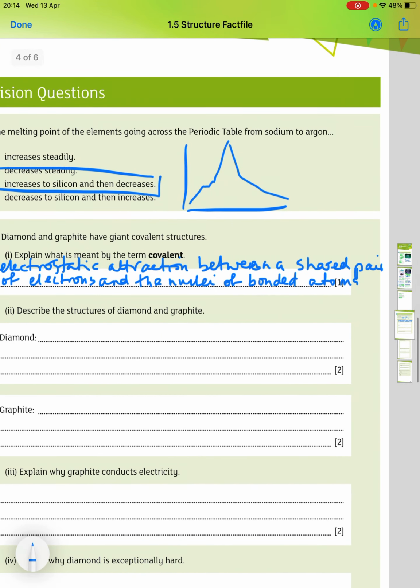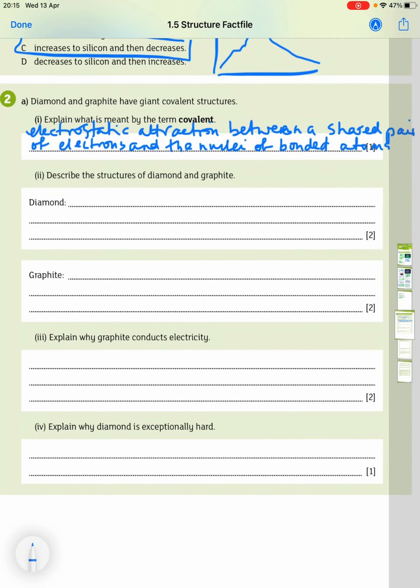And that's a lot for 1 mark, but you need to know also it's the electrostatic attraction between a shared pair of electrons and the nuclei of bonded atoms.